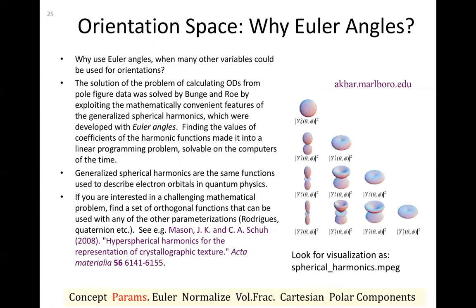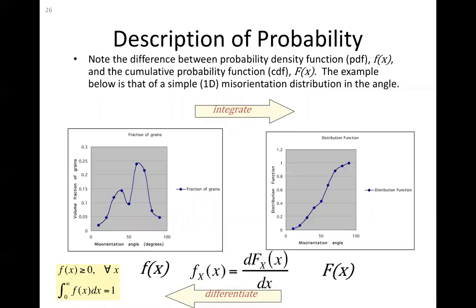A little pedantic here maybe, but the probability density versus a probability distribution. We say orientation distribution function, really it's a density, right?